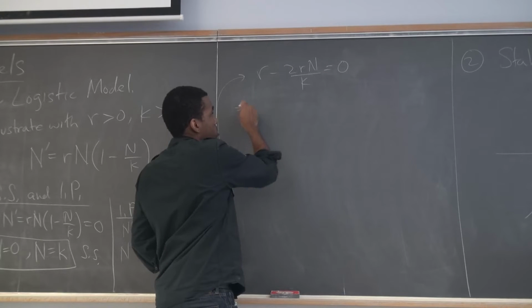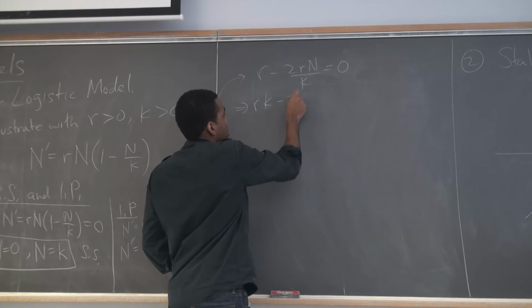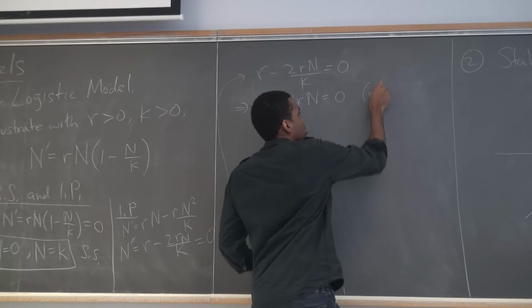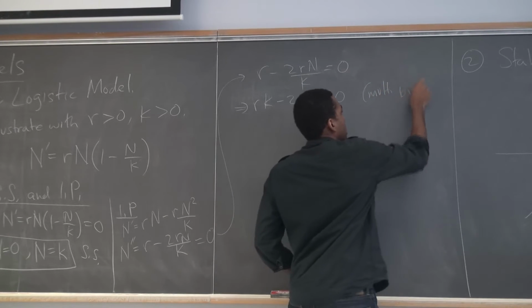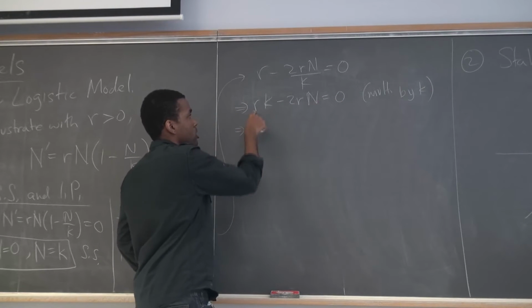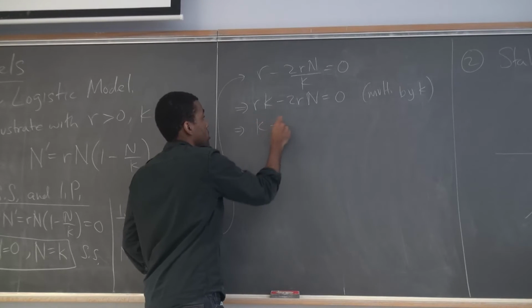I can multiply both sides by k, just to get rid of the fraction. I can also divide both sides by r. R is greater than 0. I'm not dividing by 0.